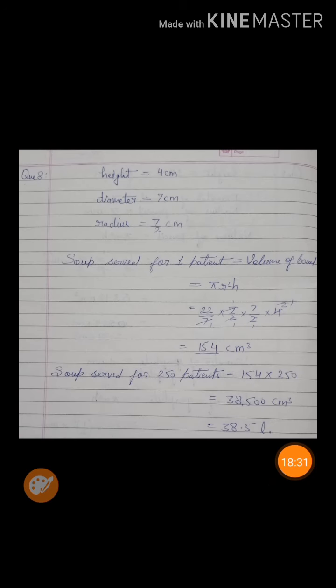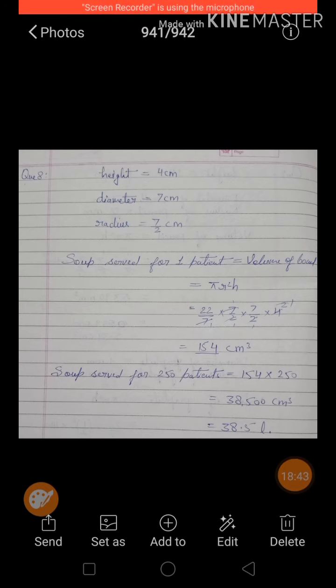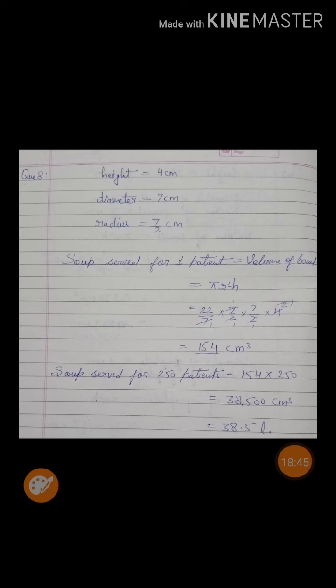Next, question number 8. A patient in a hospital is given soup daily in a cylindrical bowl of diameter 7 centimeter. If the bowl is filled with soup to a height of 4 centimeter, how much soup the hospital has to prepare daily to serve 250 patients?